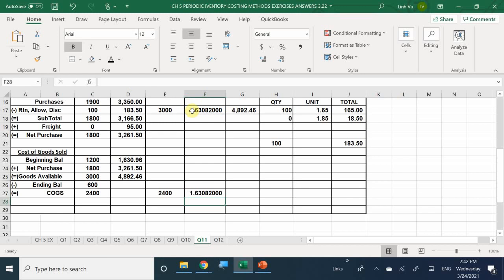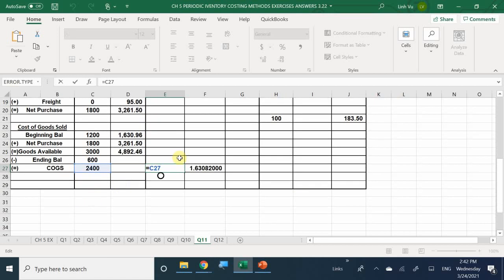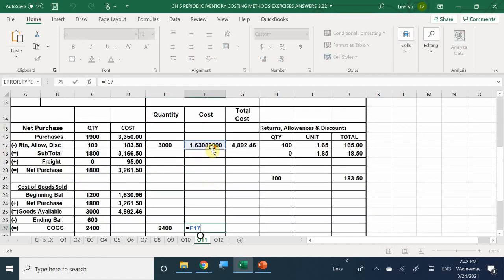So I'm just cell referencing them and bringing them down. The 2,400 came from the total cost of goods sold. Okay. Then I just brought down the cost per item from right above here.